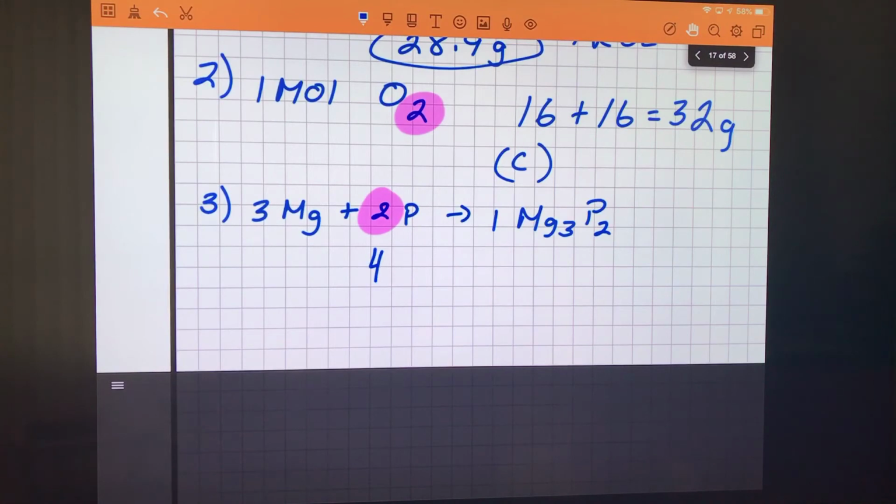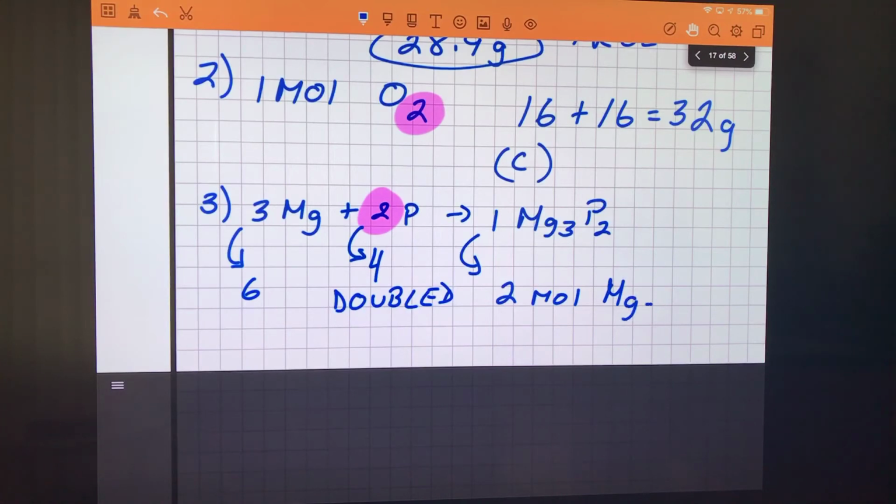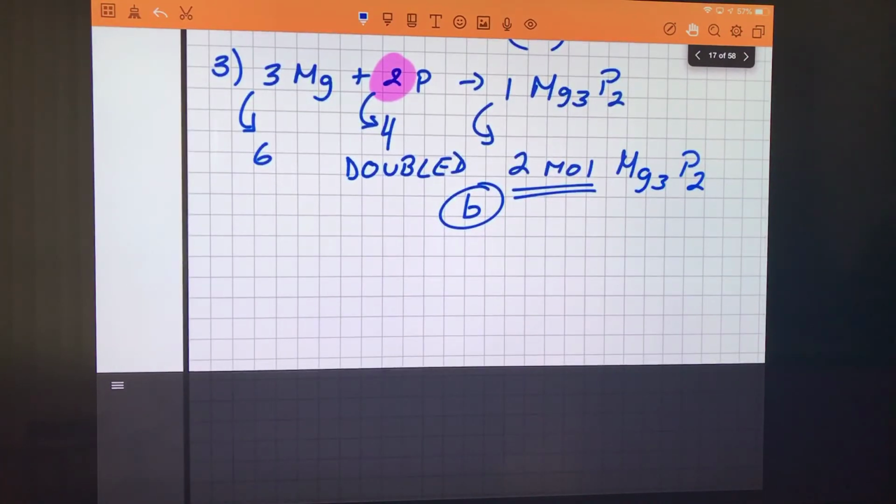If I went from 2 up to 4, I doubled the recipe. That means I would have also needed 6 moles of magnesium, and if I'm doubling the recipe, I would produce 2 moles of magnesium phosphide. And so the correct answer would be letter B. Okay, 2 moles. We're just doubling the recipe.